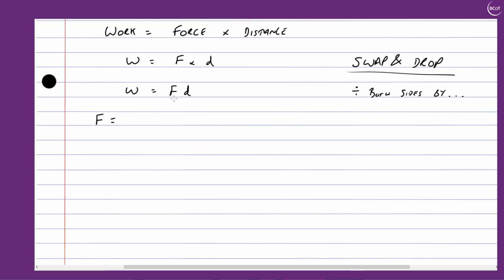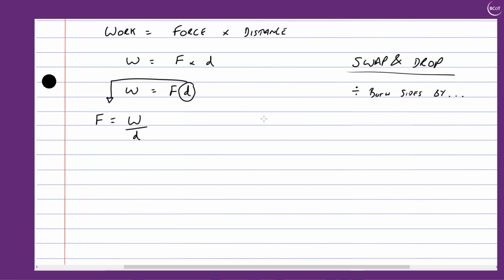If you want F on its own, we need to move D. So we take D, we swap it to the other side, and we drop it underneath the W. That's the same as dividing both sides of the equation by D. So what we end up with is that F is equal to W over D, or W divided by D. So that's the swap and drop.